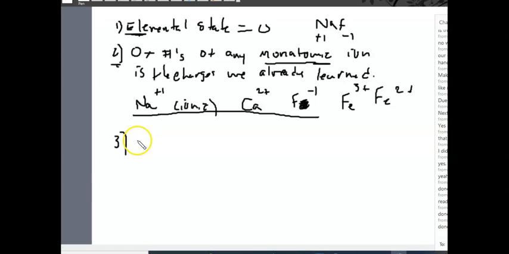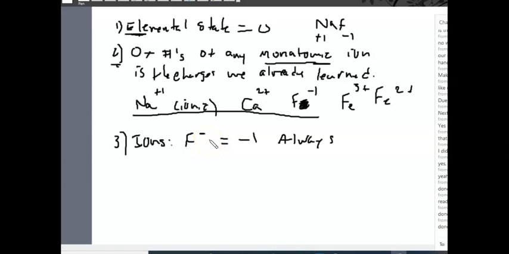So this is ions. Okay, a fluoride ion always has a -1 charge. Fluorine would never have anything other than a -1 charge, unless it's the elemental state.